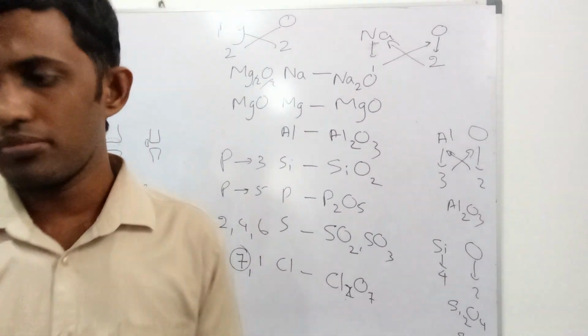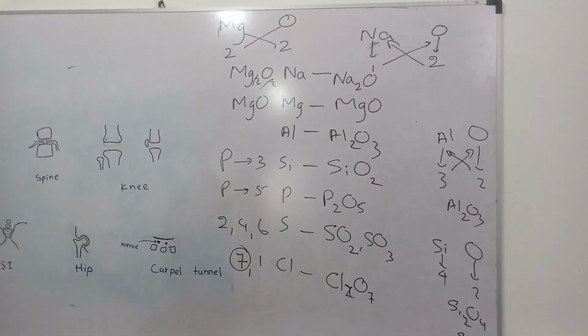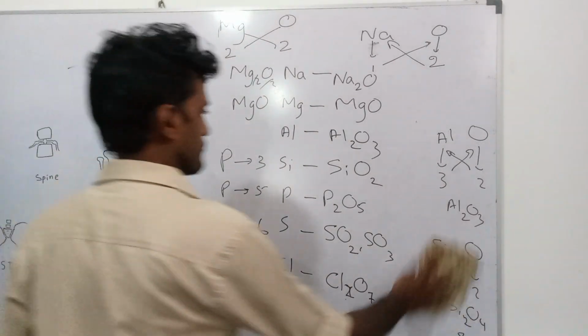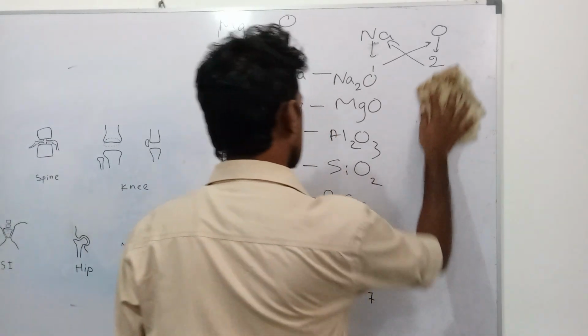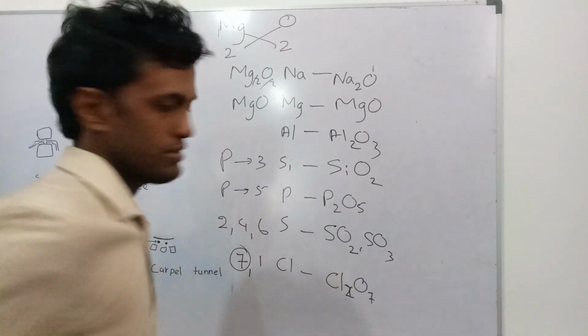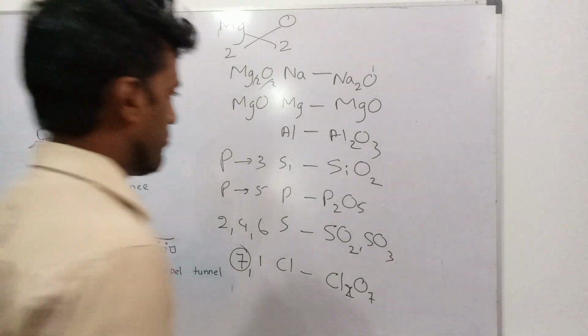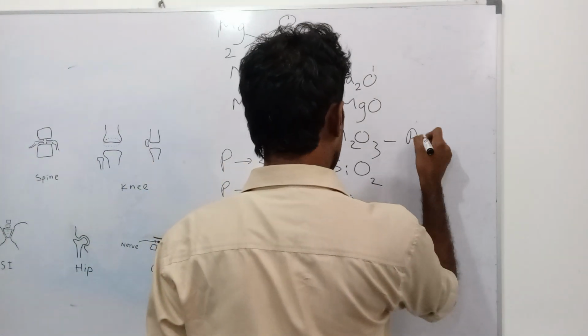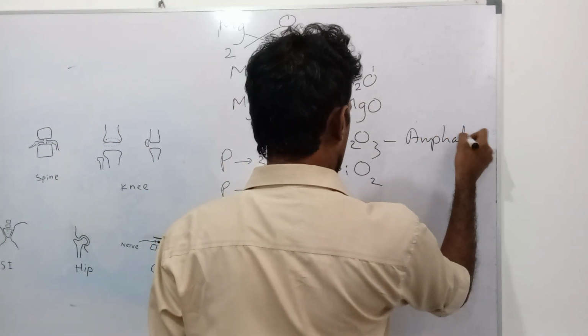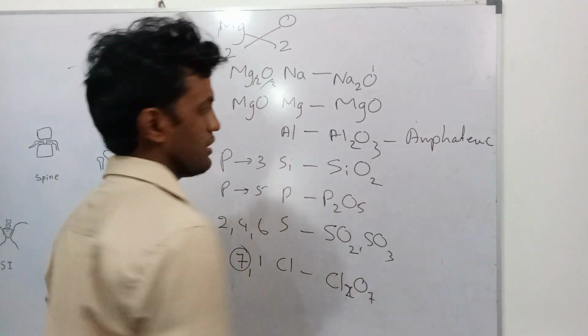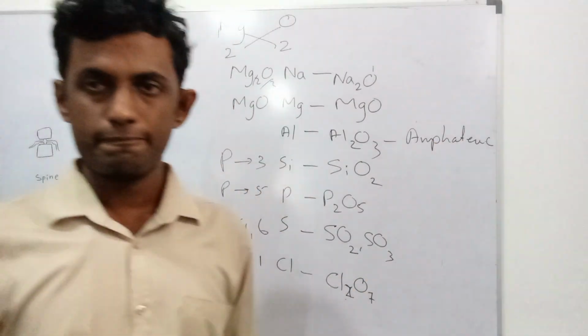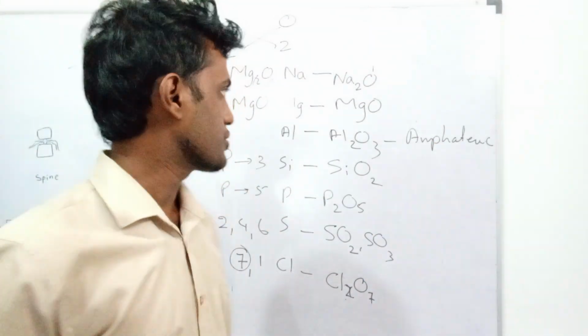So you need to remember how to get the valency number, exchange it, and get the final outcome. Then you need to remember every paper asks that Al2O3 is amphoteric. It has both acidic and basic features.